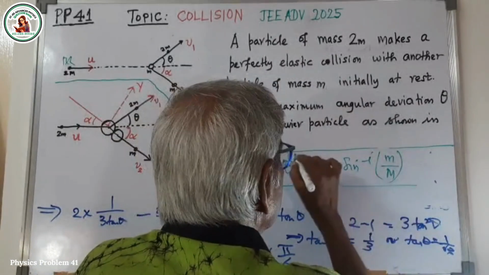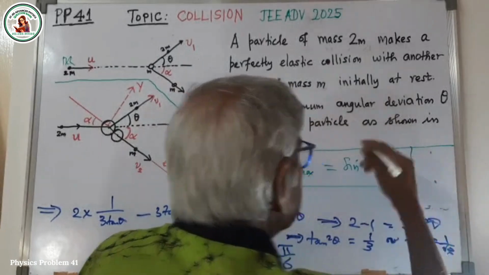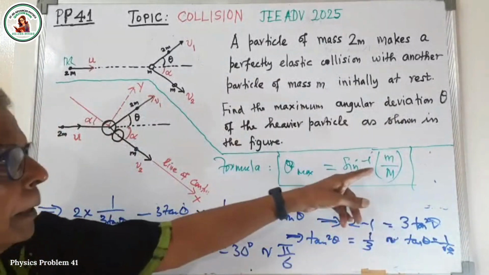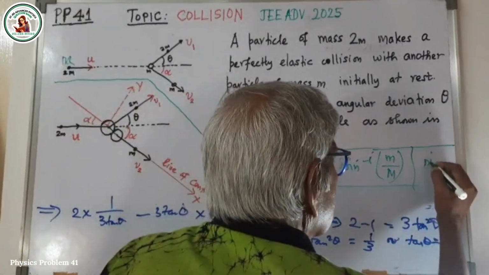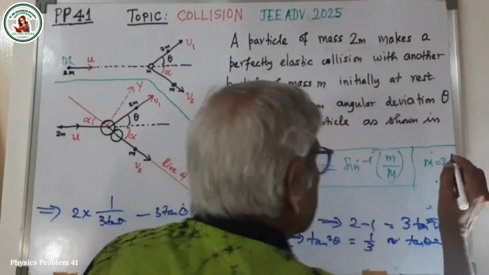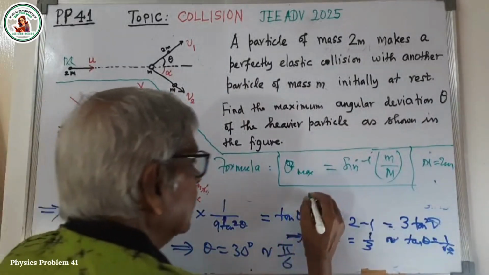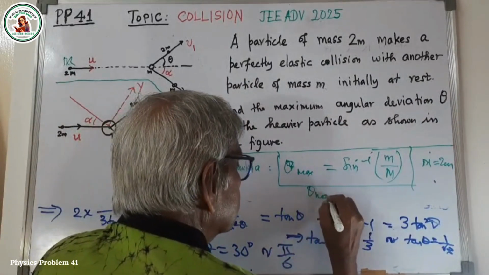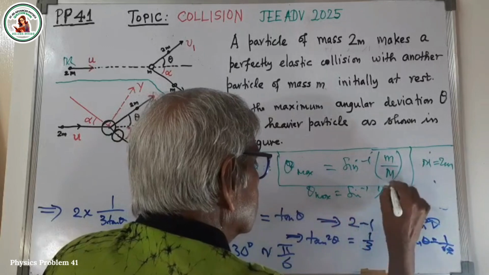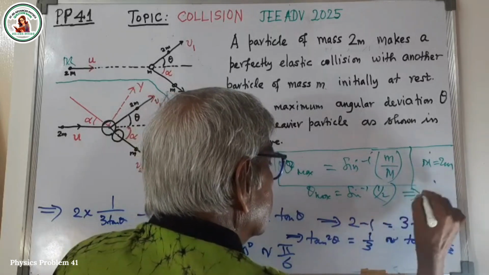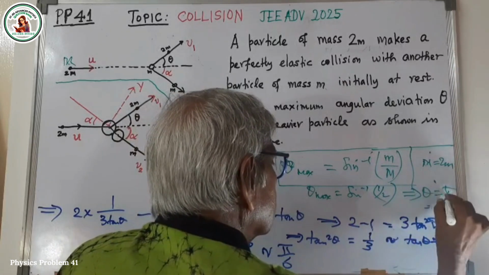This must have been discussed in your class. If you remember this formula, capital M is equal to 2m according to the data. So you get theta maximum is equal to sine inverse half, which is theta equal to pi by 6.